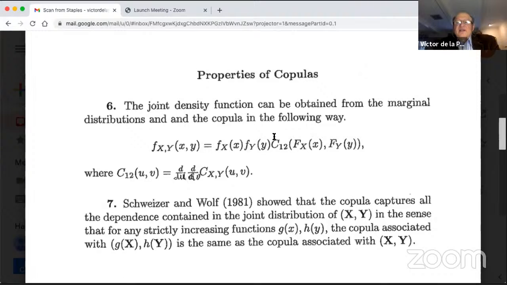I guess it is not clear. So how can I put it? Okay, I guess I'll give you the answer. If C12, which is the partial derivatives of the copula associated with the joint vector, is equal to 1, then the joint density of x and y is the product of the marginals, right?